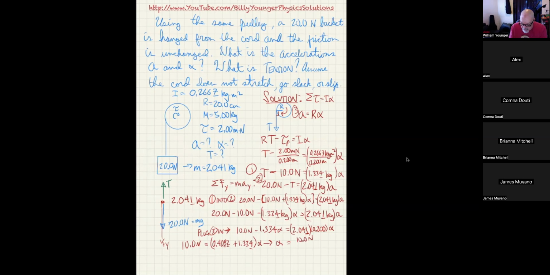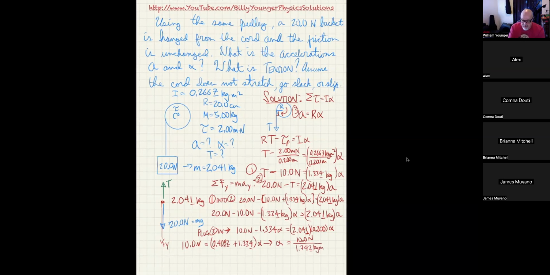So 10 newtons divided by, notice when I got that, this was kilograms times meters when you multiplied the 2.041 times the 0.2. That became kilogram meters. So I'm going to divide this by 1.742 kilogram meters.